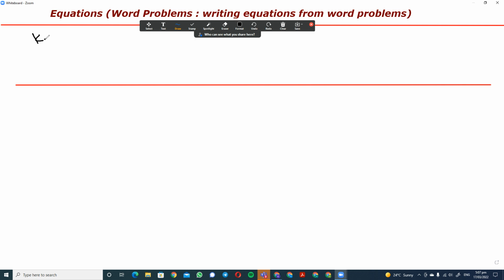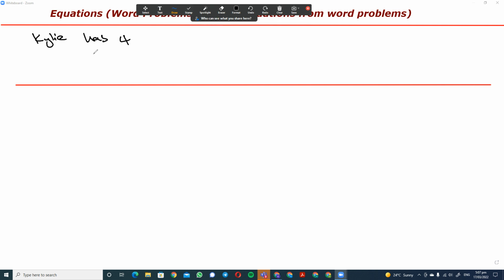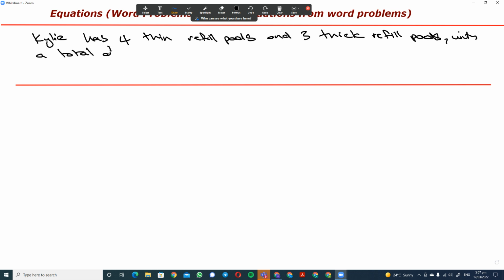So we've got Kylie has 4 thin refill pads and 3 thick refill pads with a total of 360 pages.